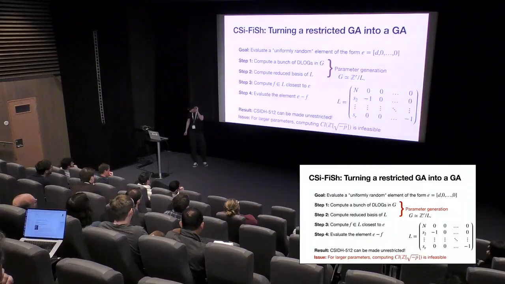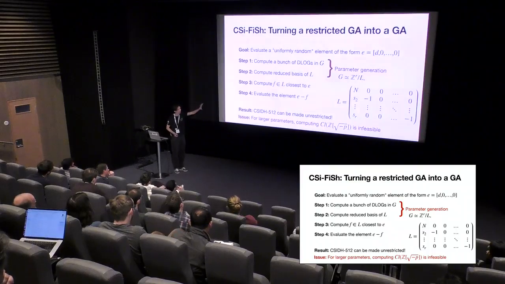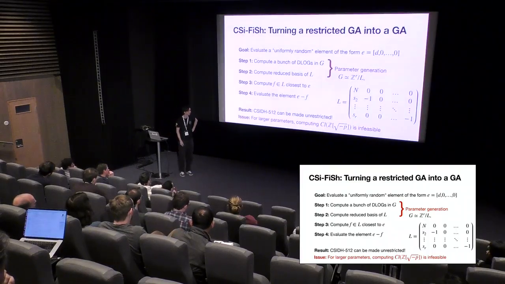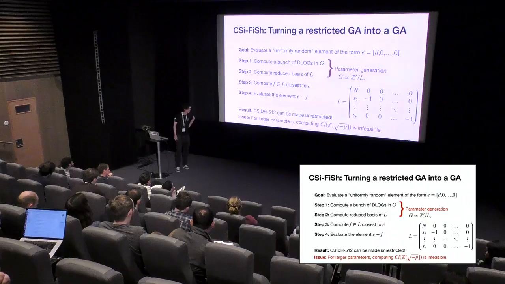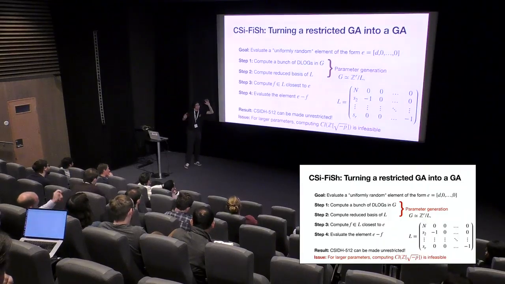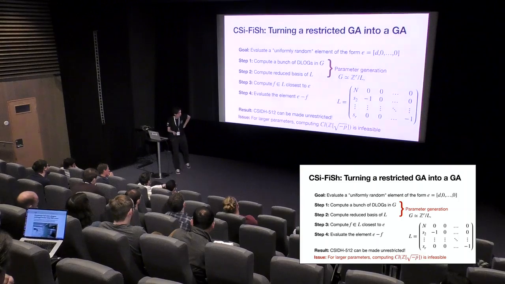But now the problem, again, is that the first step here was computing a bunch of discrete logarithms. Specifically, you certainly need to know the class group structure. In practice, this is a very hard problem. For the lowest parameter level, this was computed by some record-sized class group computation, but it's completely infeasible to do this for larger parameters.